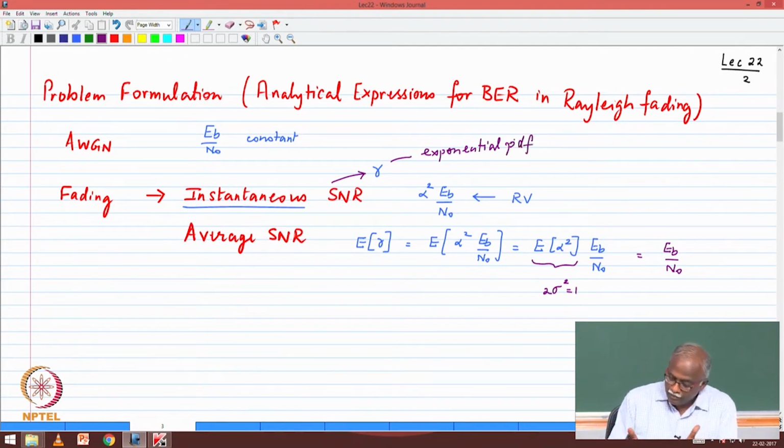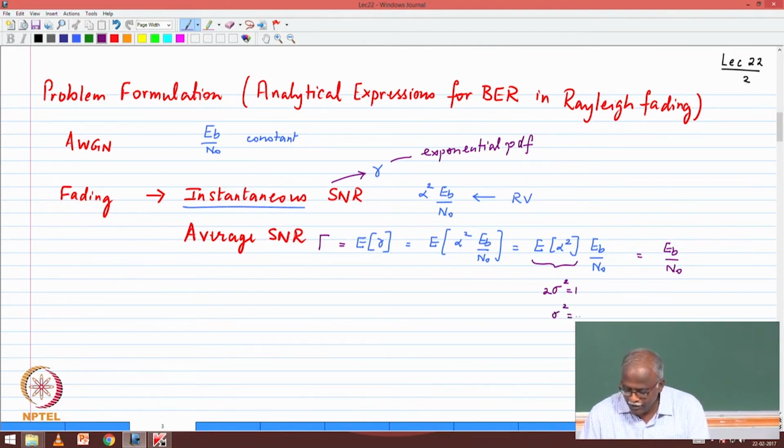Now since it's a random variable, we can talk about average SNR, the expected value of gamma, which we denoted by uppercase Gamma, and we said that this will be equal to the expected value of alpha squared Eb/N0. And if you have chosen the variances of the real part and imaginary part of your complex channel gain such that each of them is 1/2, that means sigma squared equal to 1/2, the variance of the real part is 1/2 and the imaginary part is 1/2.